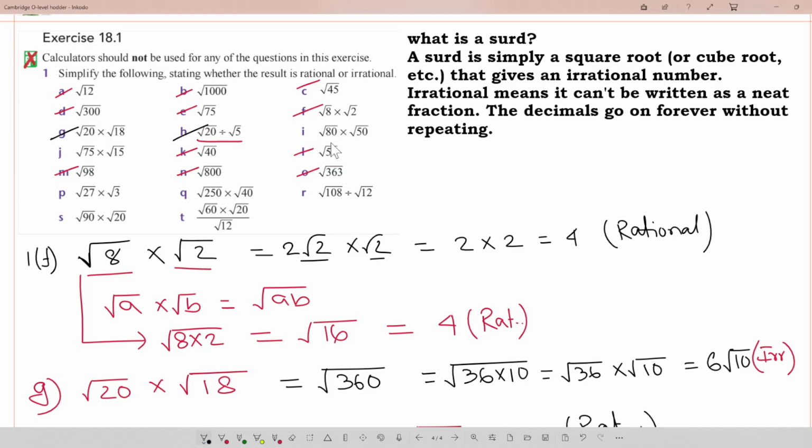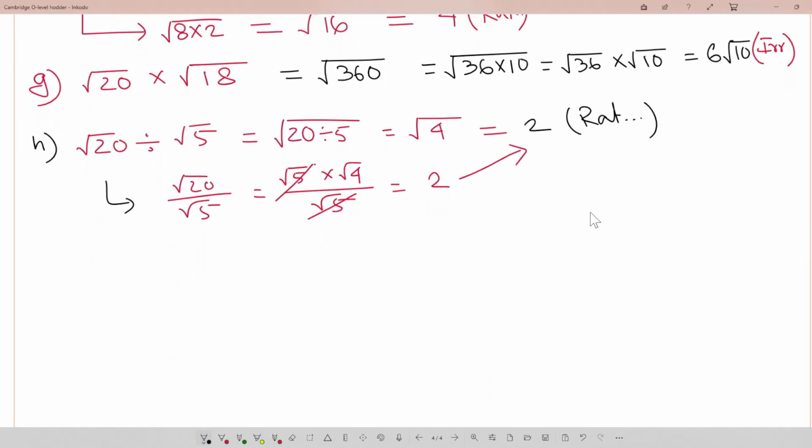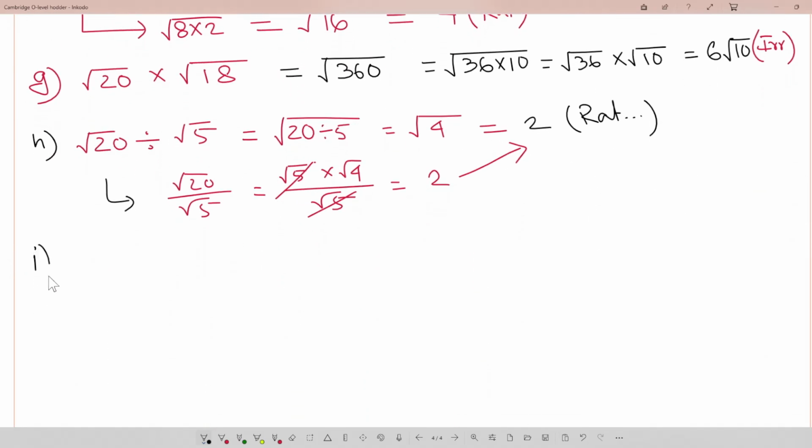1i, root 80 times root 50. What is the way to do this? We can write 8 times 5 is 40, so here we can write 40 and two 0s, it means 4000.